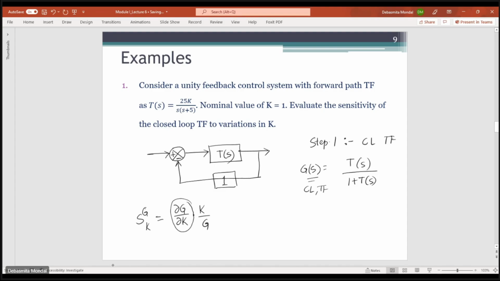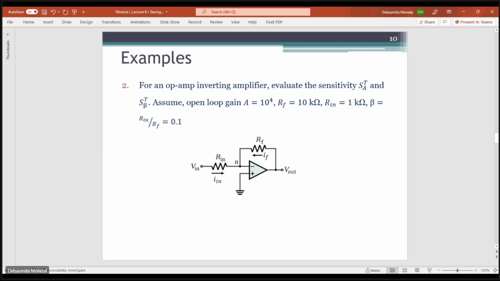Yes, ma'am. Okay, so this is another example which I request all of you to go through and try to solve. Here you have an inverting amplifier, and this is A. You have to find the overall transfer function.